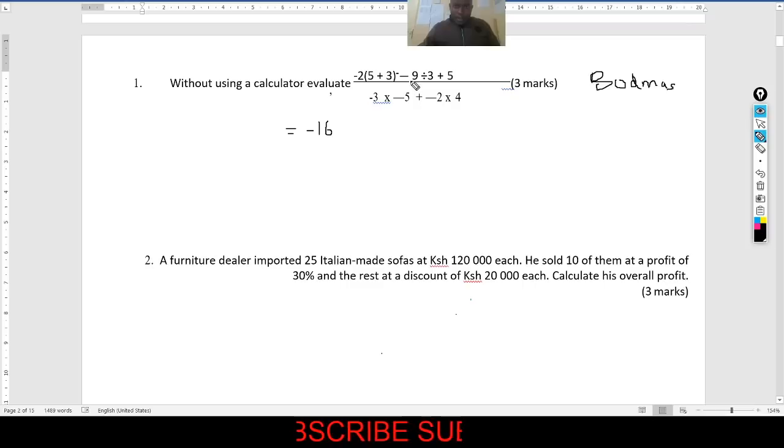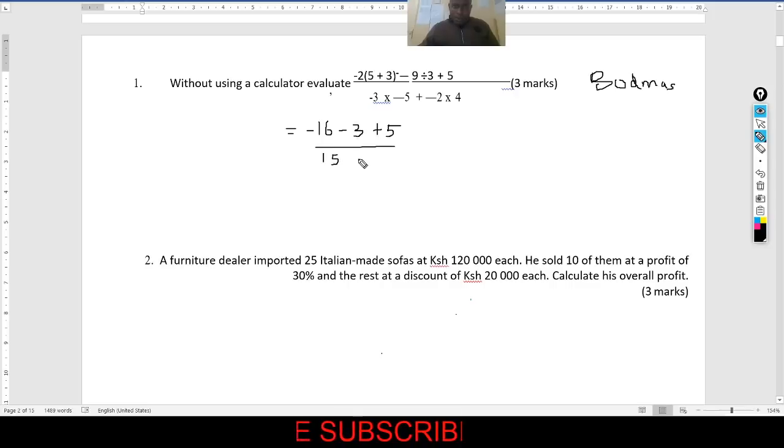Then this is minus 3, because negative 9 divided by 3 is negative 3, then plus 5. Now I come to the denominator, we have multiplication here, negative 3 times negative 5 gives you positive 15.